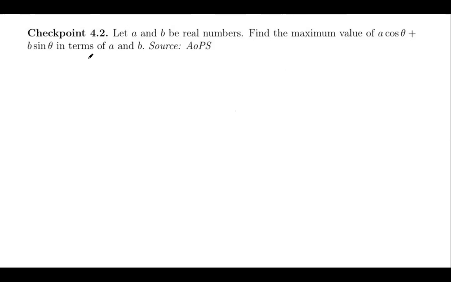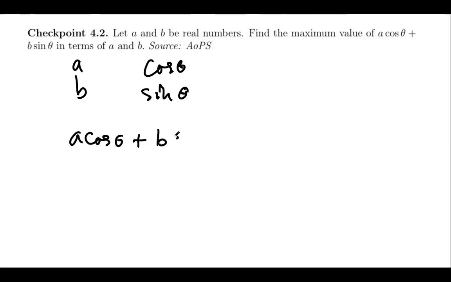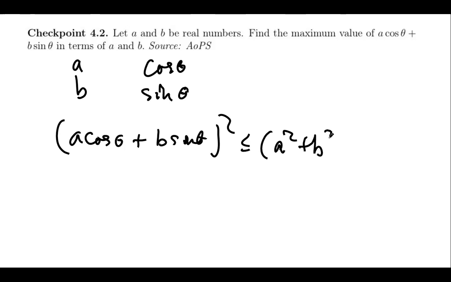again, we need two lists of variables. So let's let A and B be one, and cosine theta and sine theta be the other. So the left-hand side will be A cosine theta plus B sine theta, squared, which is less than or equal to A squared plus B squared times cosine squared theta plus sine squared theta.